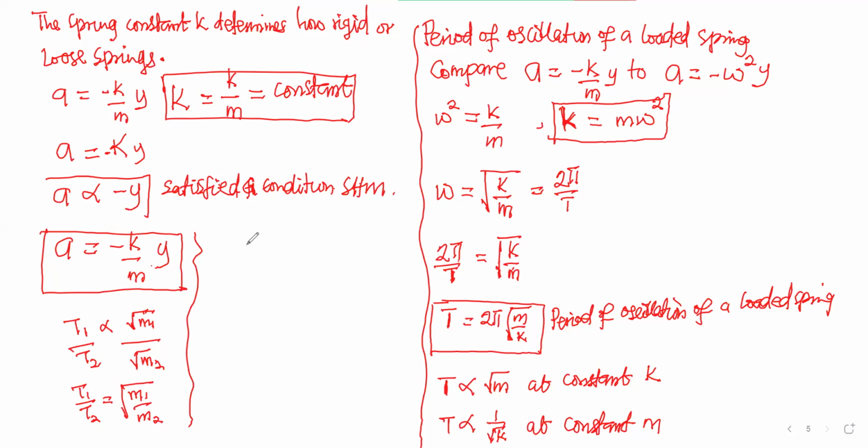Then for spring constants, T1 will be inversely proportional to 1 over square root of K1, and T2 inversely proportional to square root of K2. Therefore, T1 over T2 would be equal to root of K2 over K1. So for different spring constants, this is how you can determine the change in the period as well.